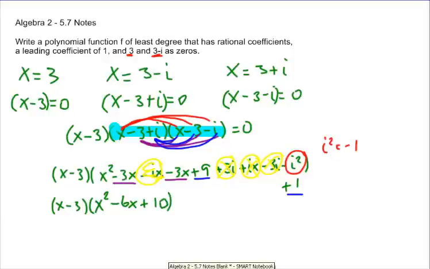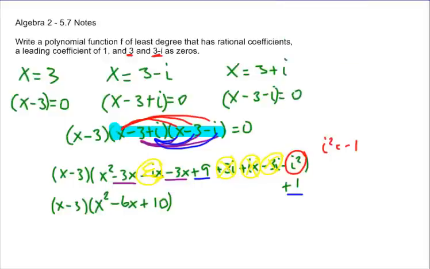And so just pay attention on this and notice that I have no more i's left in my polynomial. So when you multiply your conjugate pairs together, and your conjugate pairs are these two guys, highlighted in blue, once you multiply those together, the i's will go away.